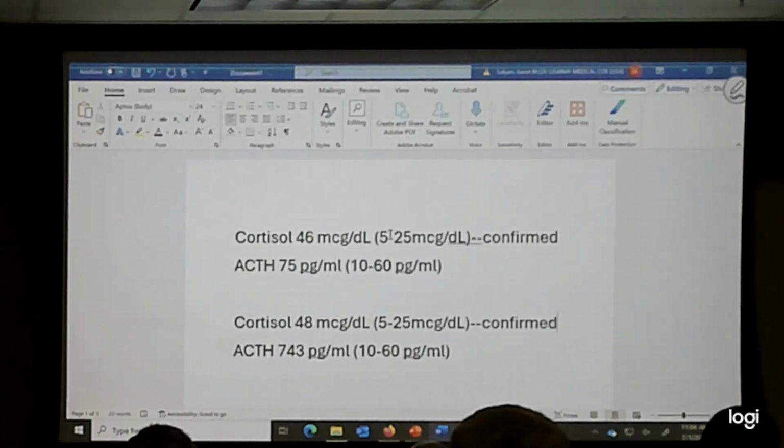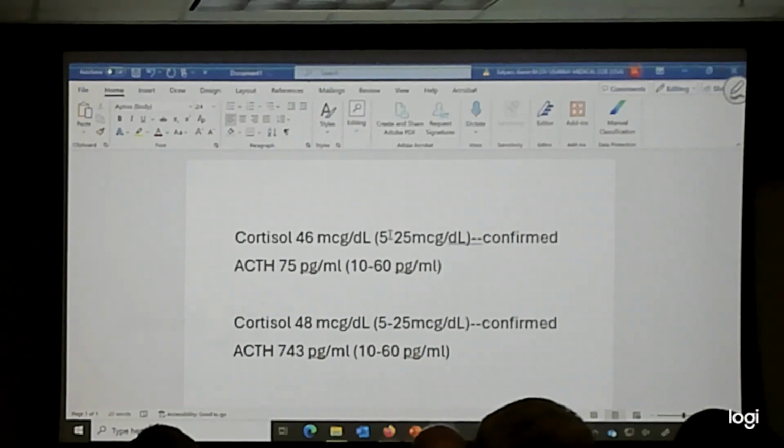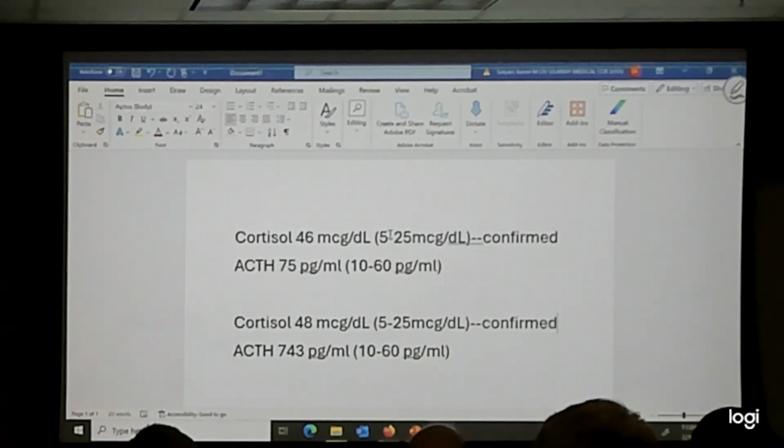That makes sense? Okay. So then I'm going to check the ACTH level in this person. In this particular case, I didn't give ranges because I don't remember what normal ranges are for ACTH and it kind of changes. So I gave the ACTH of 75. Is that dependent or independent?